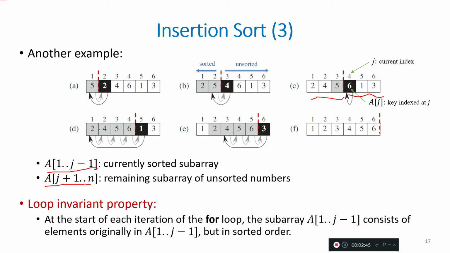You see that 2, 4, 5, 6 were in the same places, but they were not sorted in A. But when you reach D, you see that they are sorted and still in the same places. That means they are in the same sub-array. This is what we call the loop invariant property.